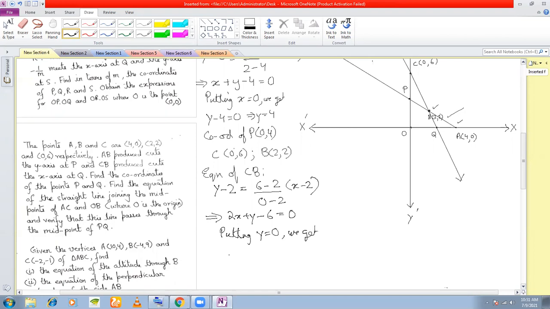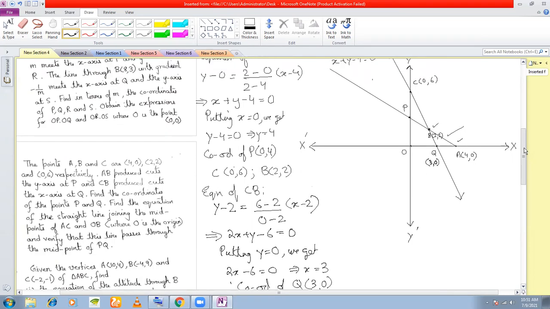We get 2x minus 6 is equal to 0. That means x is equal to 3. Therefore, what are the coordinates of Q? Coordinates of Q here is (3, 0). Okay, so let's write down the coordinates. (3, 0). We've got the coordinates, and coordinates of P we have got as (0, 4). Fine. Now the first part of the question is done.